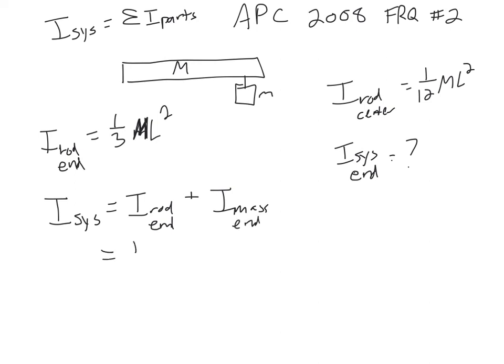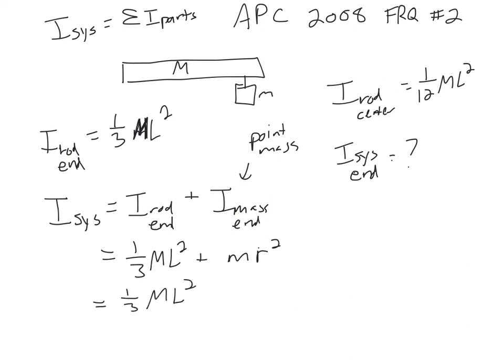So we know that the rod about the end was 1/3 Ml squared, but the rotational inertia of this mass, which is a point mass, would just be a regular mr squared, where in this case the r would be equal to L as well, because it's an L distance away from the pivot. And this is what you would end up coming down with.